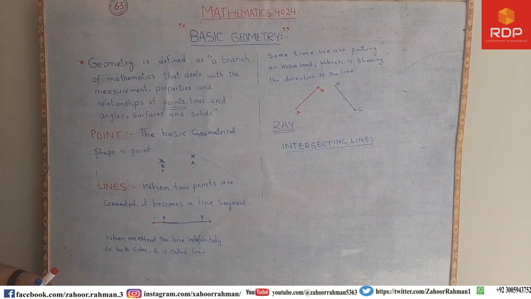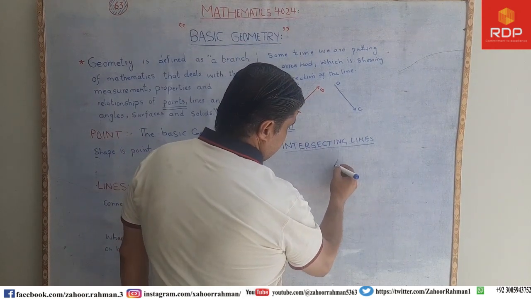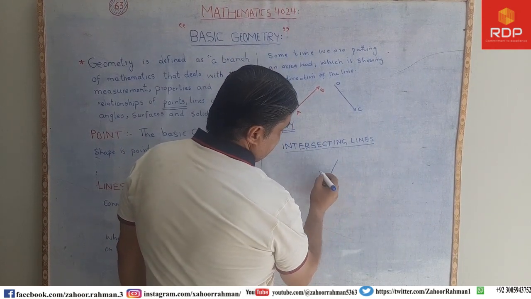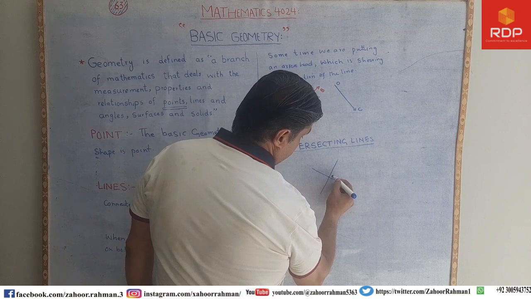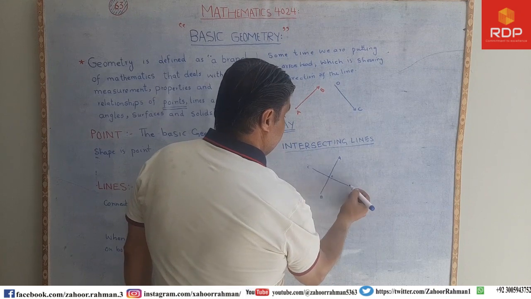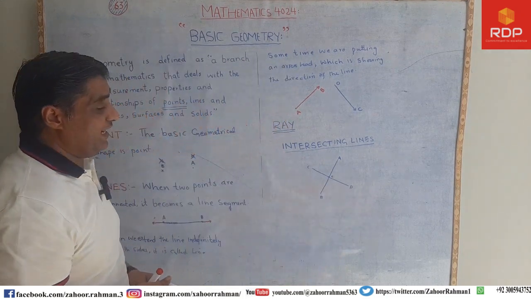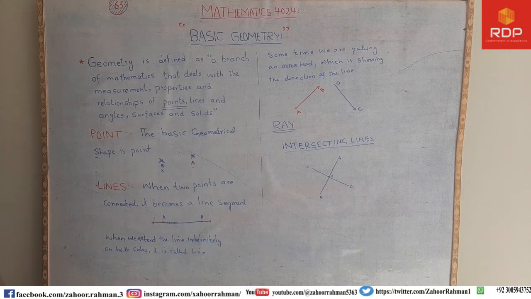If two lines have a common point, for example, this is a line and this is a straight line, and this is the common point X. A, B and C, D have a common point denoted by point X. Ladies and gentlemen, this point is called the point of intersection of two lines.